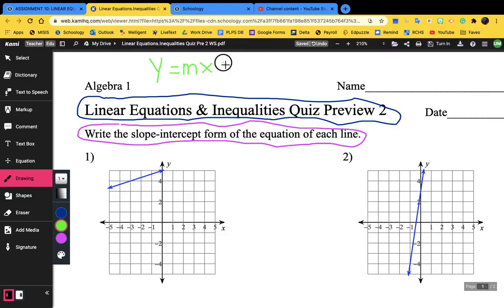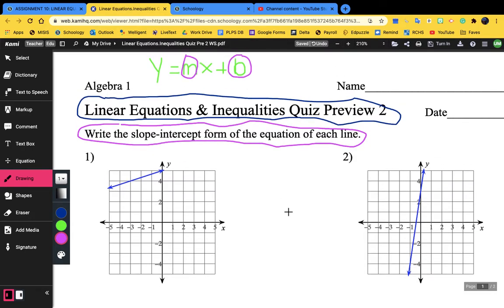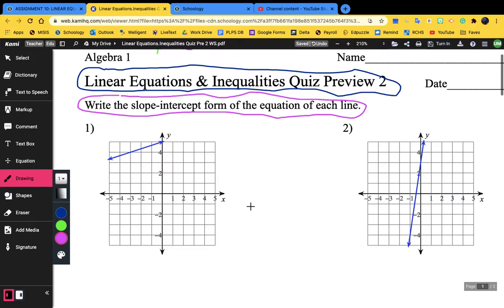mx plus b, with emphasis on finding our m, which is our slope, and our b, which is the y-intercept, where the line touches the y-axis. So this is our y-axis here, so let's get started on number 1.